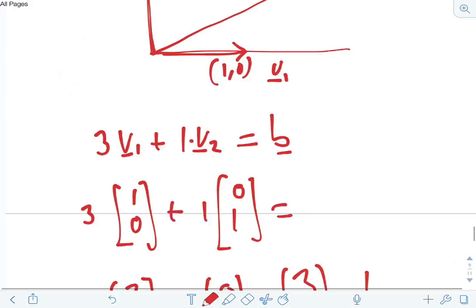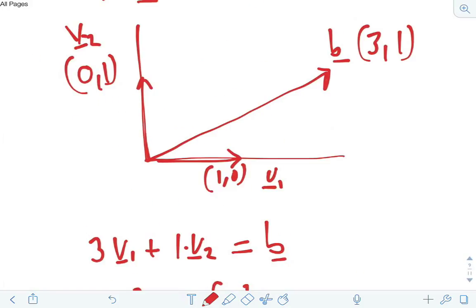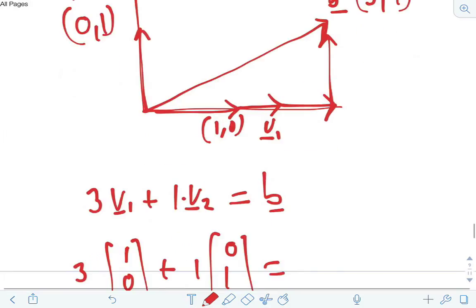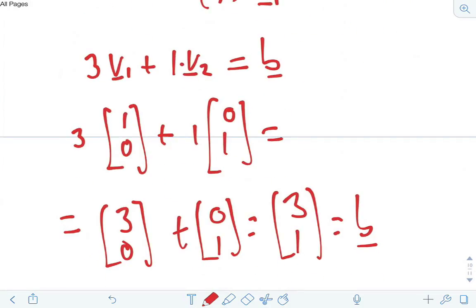What did I do? I multiplied that first vector times 3, and now I'm here, and I add vector 2, and I get there. So there is some linear combination, 3 of v1s and 1 v2, I can use to build a b.